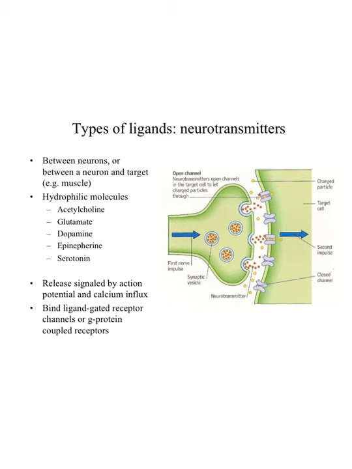So let's take a look at the ligands that act as neurotransmitters. They typically are hydrophilic, so they need a cell surface receptor in order to transduce. They're not like a steroid hormone that's hydrophobic and can slip across the membrane, or a gas for that matter that could do that. So these need a surface receptor on the receiving cell or the target cell. So the way these work, they're packaged into these synaptic vesicles. Those vesicles fuse with the plasma membrane, and now we release their contents, the neurotransmitter, into the synapse.